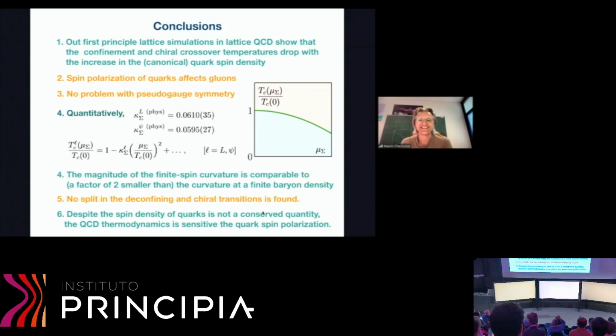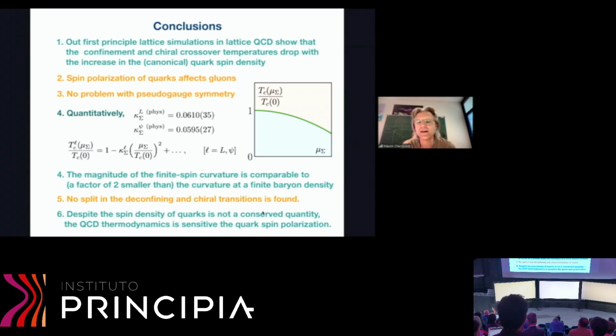Hi, Georgia. This is a really interesting approach. In this conference and another talk, spin is not conserved, but angular momentum is conserved. However, angular momentum in equilibrium is related to vorticity. Vorticity is non-extensive, spin density is intensive.